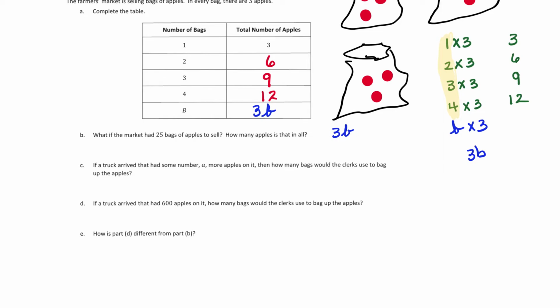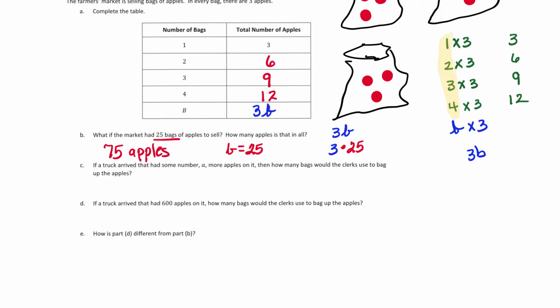We're going to do the expression, and we are going to substitute the variable with the number of bags. They told us that the number of bags was going to be 25. So 3 times 25 is going to give us 75 apples.